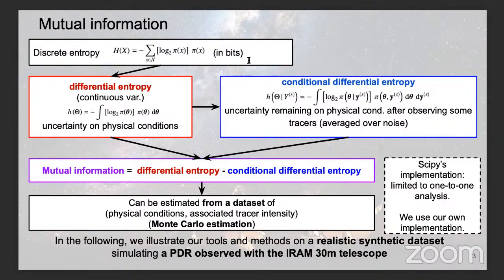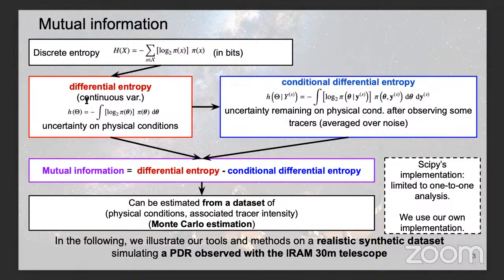In our case, we will be interested in continuous parameters, so the physical variables, the line intensities. So this can be easily generalized into what's called the differential entropy. And the interesting point when you have physical variables you want to estimate and line intensities or other tracers that you are observing is that you can define a conditional entropy.